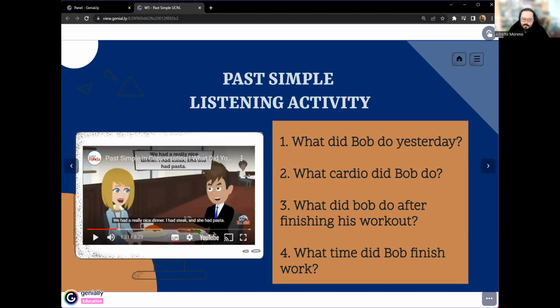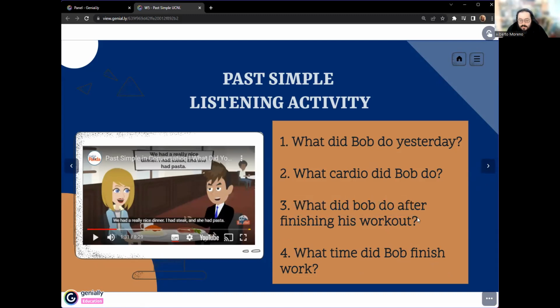He went to... 5 o'clock. He finished at 5 o'clock. Okay. La última, what time did Bob finish work? He finished at 5. At 5 o'clock.